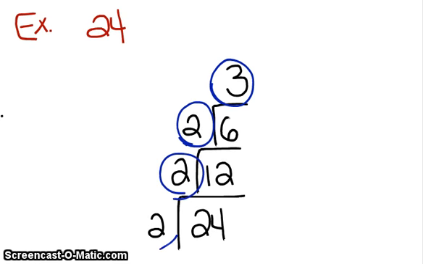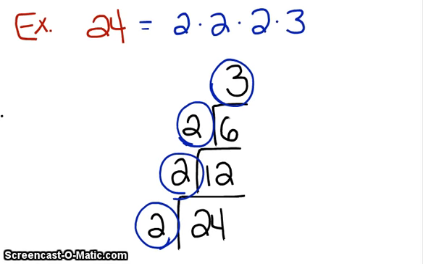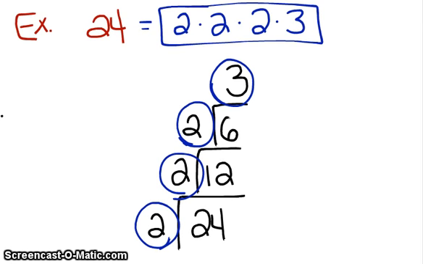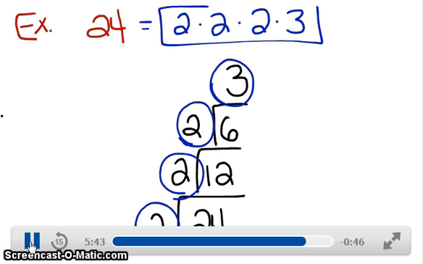So if I look down the side of the birthday cake, I have all the factors. So 24 is just like saying 2 times 2 times 2 times 3. My prime factorization is 2 times 2 times 2 times 3. Can I shorten it? Definitely. I have 2 times 2 times 2, so 3 times.